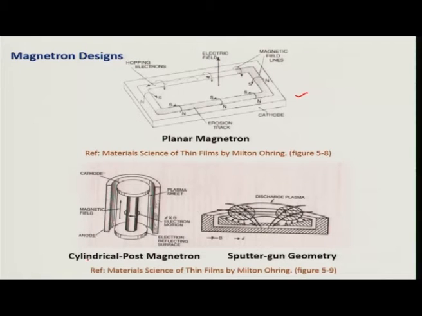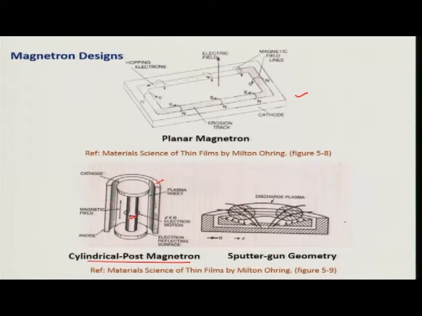You can also have a cylindrical post magnetron, in which your cathode is something like this and you have magnetic fields. So, this is your cathode, and you have a motion of electrons along this racetrack, as shown by this. This is the motion of electrons.